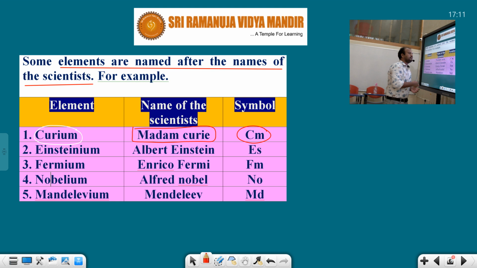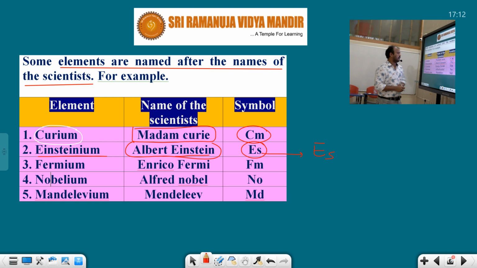And after that we know the very popular scientist Albert Einstein. From this name one element has been taken, that is Einsteinium. It indicates the symbol Es. Here you should observe the first letter is a capital letter, the second letter is a small letter. And fermium is derived from the scientist's name Fermi, Enrico Fermi. This symbol is Fm.